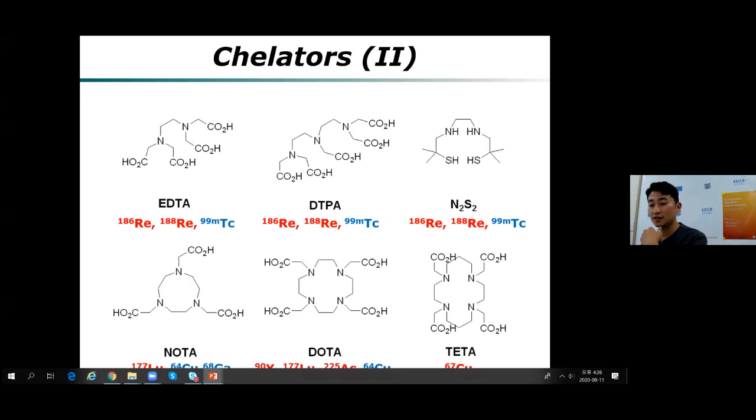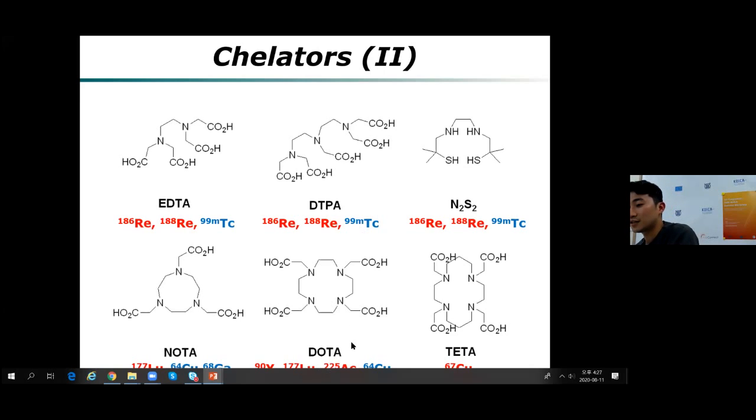In the case of NOTA, it is possible to label with gallium-68, copper-64, and lutetium-177. It means we can use this kind of chelator for diagnostic or therapeutic applications with the same structure.